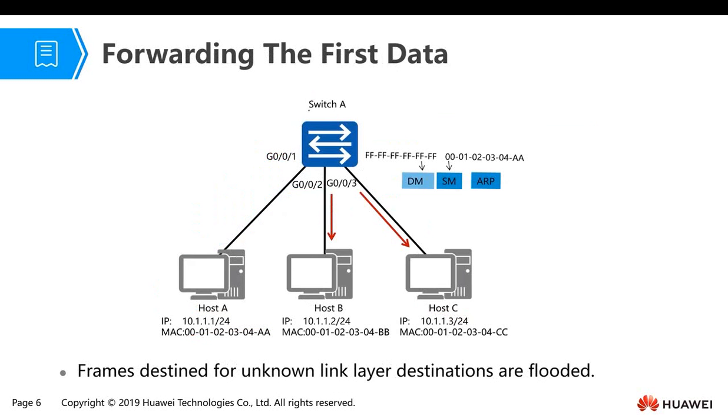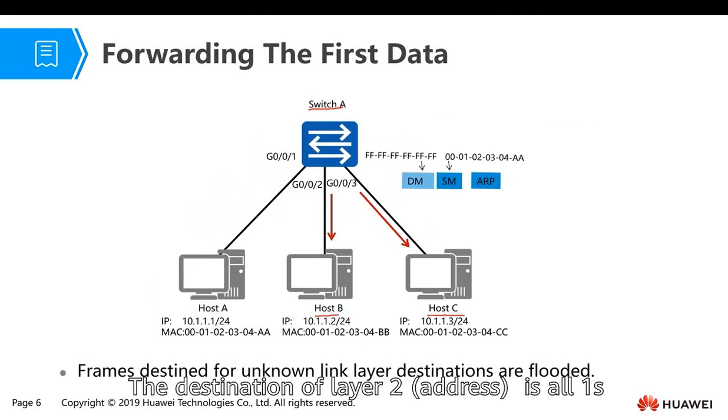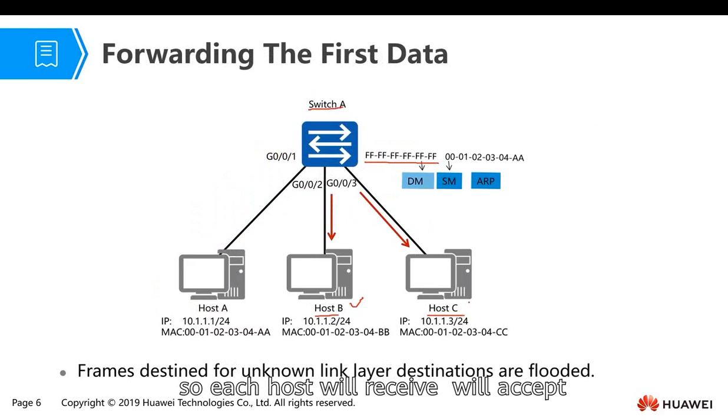When the switch floods the frame, host B and host C will receive it. The layer 2 destination is all ones, so each host accepts it. After layer 2 accepts it, the packet is passed to the upper layer protocol, which is ARP.